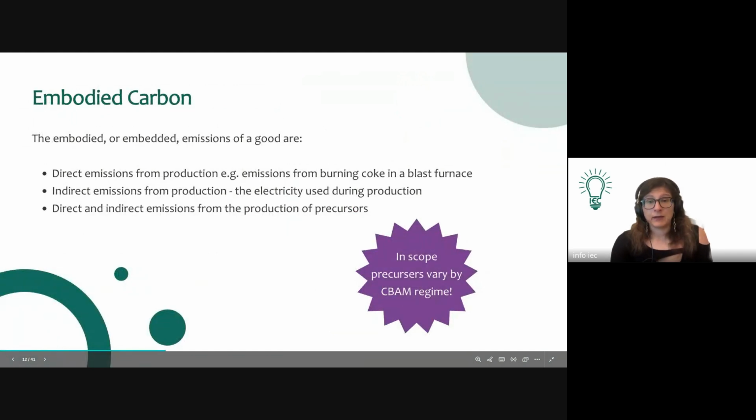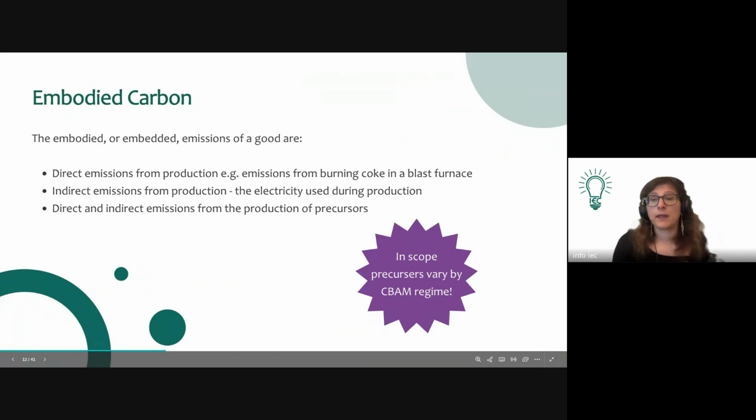Embodied carbon, as it's referred to in the UK legislation, or embedded, as it's referred to in the EU legislation, but those terms are really quite interchangeable for our purposes today, is a sum of the direct emissions from production. So if you're smelting iron ore, for example, you'll be burning coke, which is a fossil fuel, and that will have direct emissions associated with it. Any indirect emissions from production, so that's electricity or possibly purchased steam or heat used in the production.